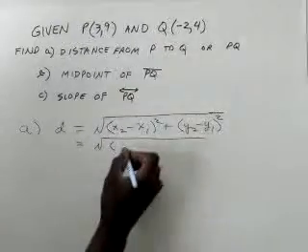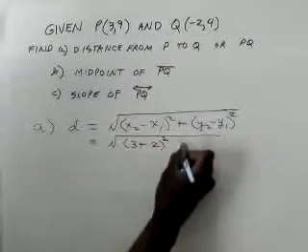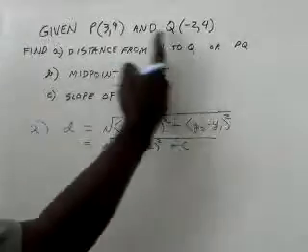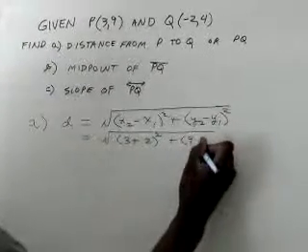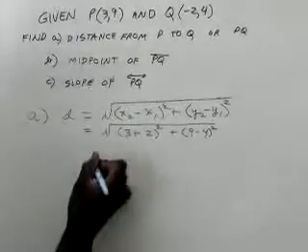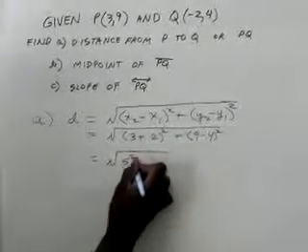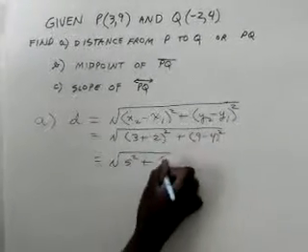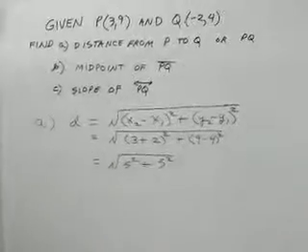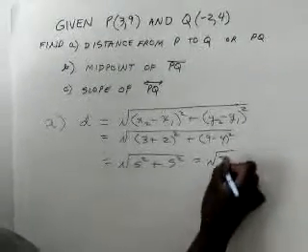3 minus -2, that's plus 2 squared. 9 minus 4 squared, 5 squared plus 5 squared, and 5 squared is 25, so this is the square root of 50.